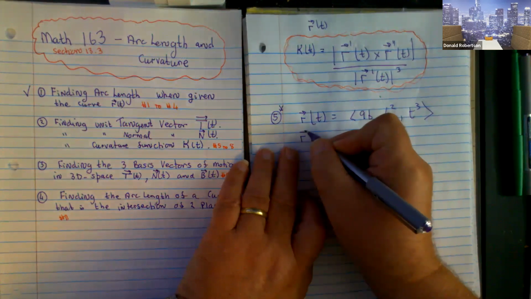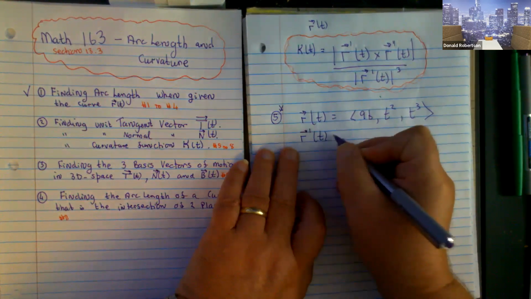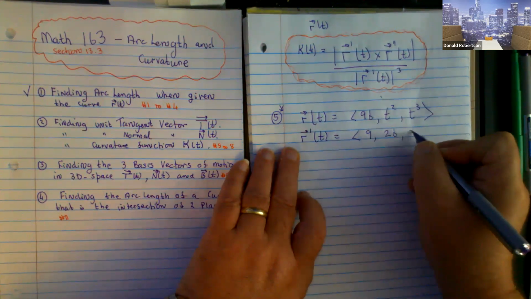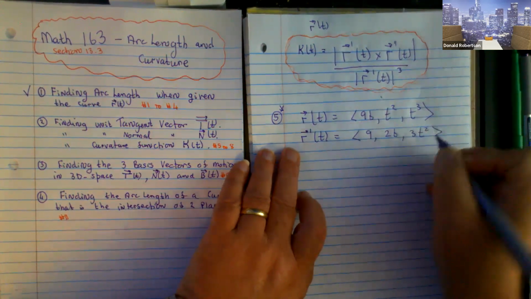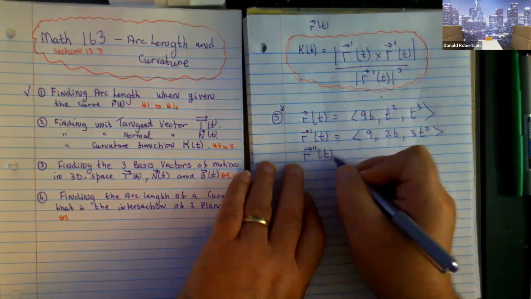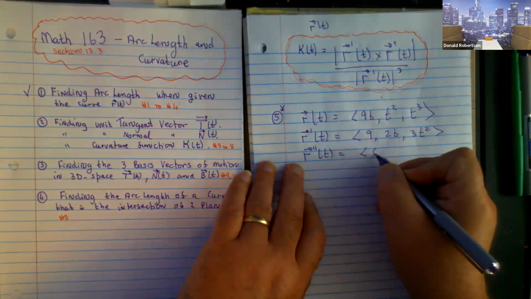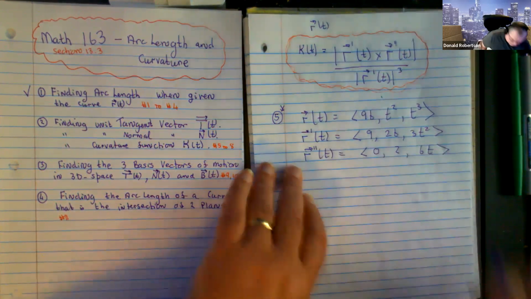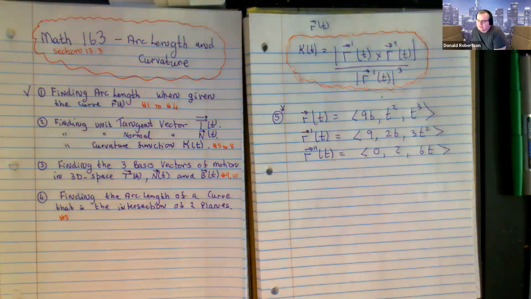So I need to find the first derivative, which is 9, 2t, and 3t squared. I also need to find the second derivative, which in this case is 0, 2, and 6t. Are we comfortable about the first and second derivative? Right? First derivative, second derivative.